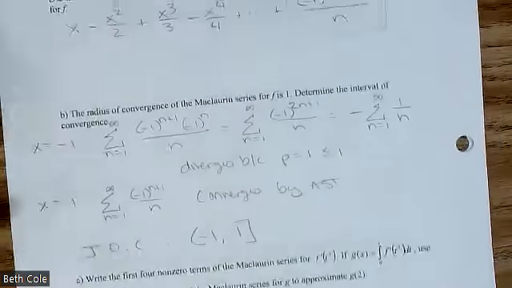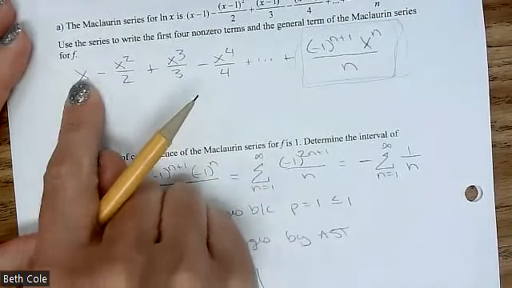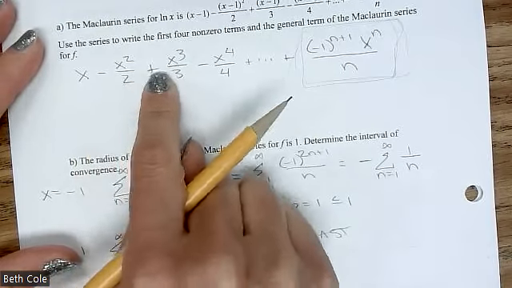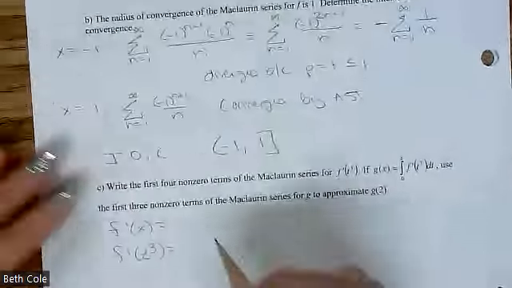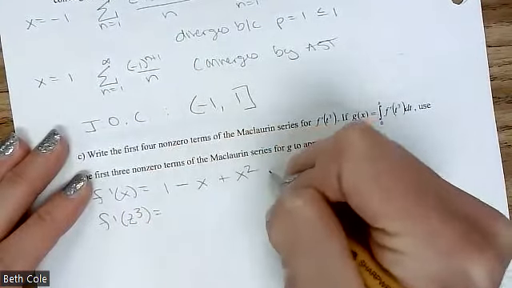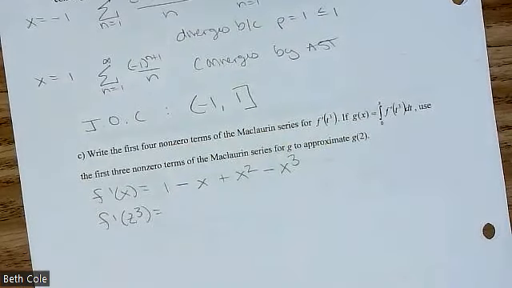And it's actually a really simple derivative to take. What would be your derivative of just x? That'll be 1 minus, and then the 2's cancel, so it would just be x plus, and then the 3's cancel, so it would just be x squared. Do you get what I'm saying? Like all those are going to cancel. So it'll be 1 minus x plus x squared minus x to the 3rd.